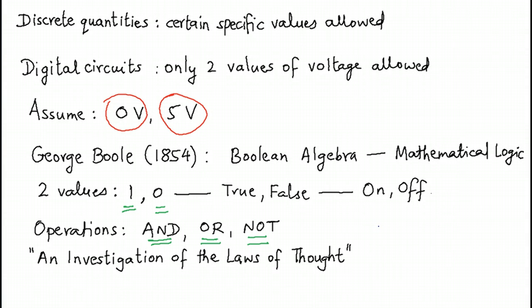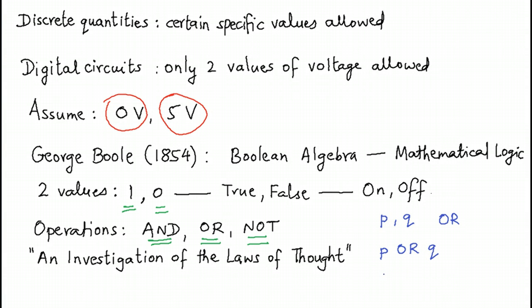For example, let us consider two logical variables, P and Q, and let's conduct the operation OR on these two variables. So my Boolean expression, or my logical expression, is P or Q.